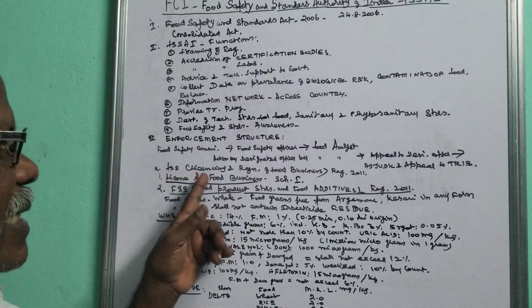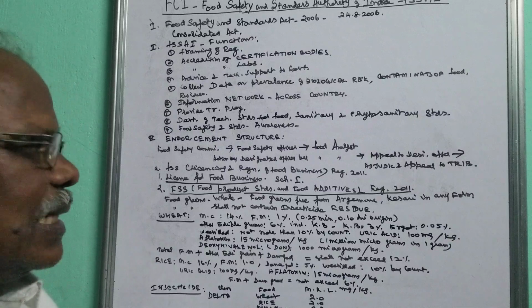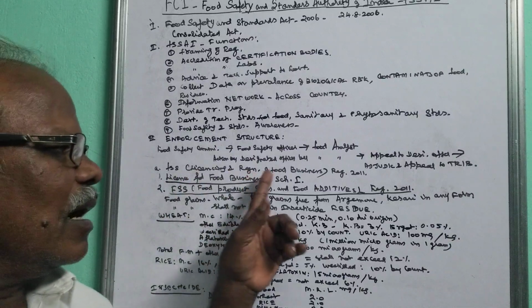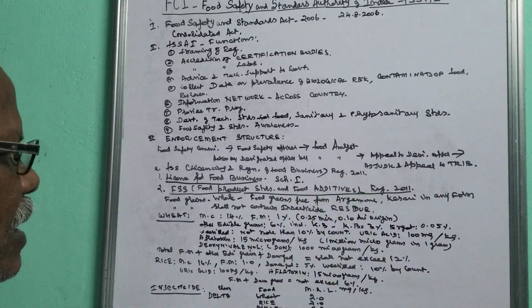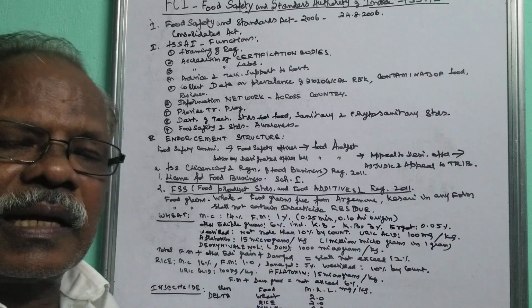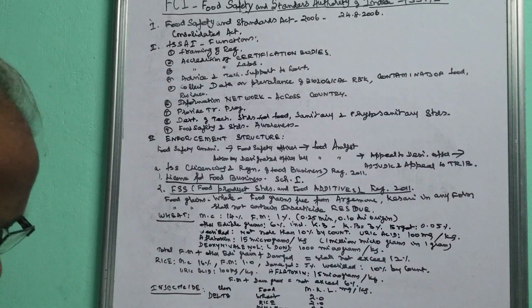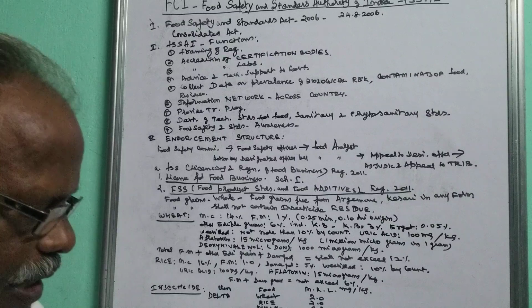Another important thing is licensing, the FSS Licensing and Registration of Food Businesses Regulation 2011. Usually the license for food business under the items of Schedule 1 will be given. What are the items under Schedule 1?